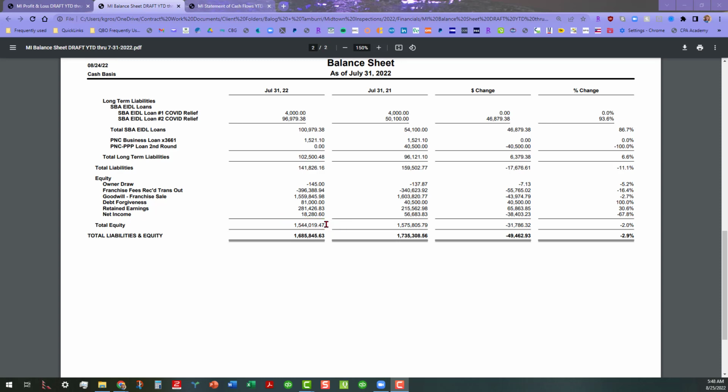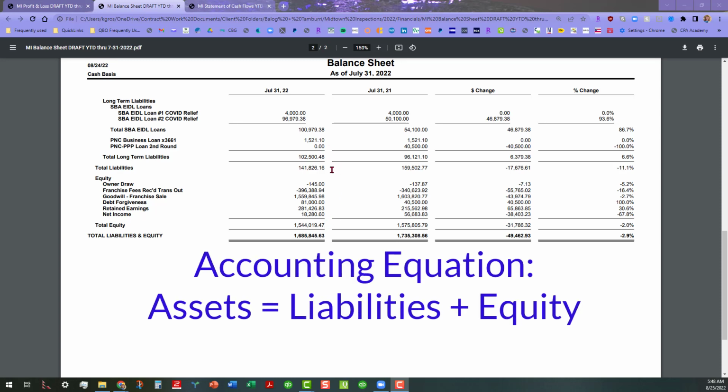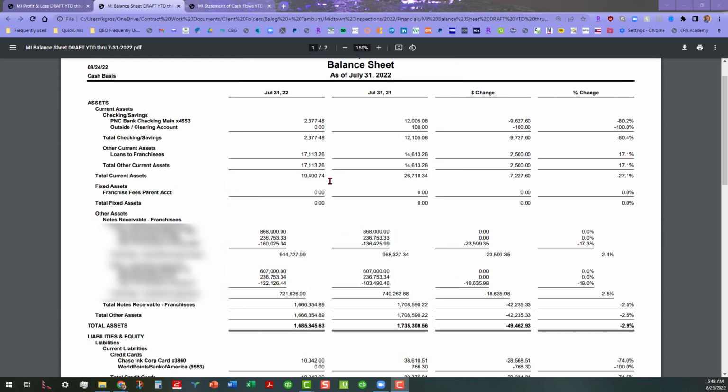So when we're looking at our total liabilities and equity altogether, basically our assets equal liabilities plus owner's equity. But the important number to remember is when we go back up here to the top and we're looking at this cash number, because this cash number right here basically means that this is all we have.